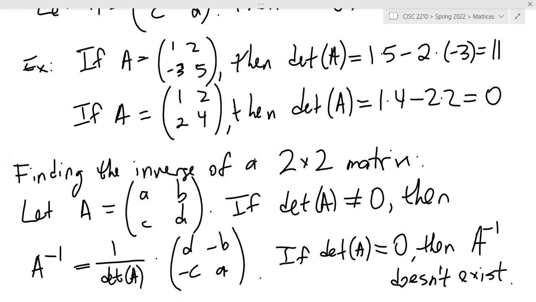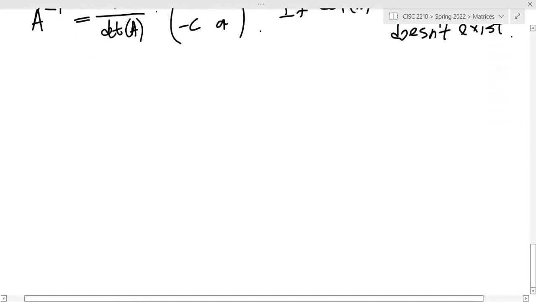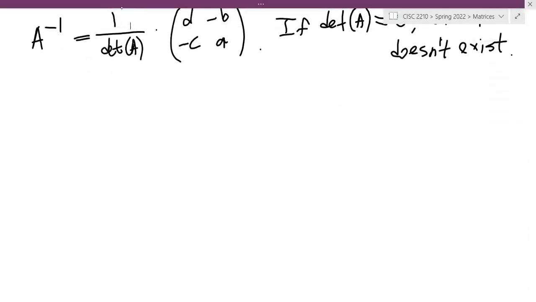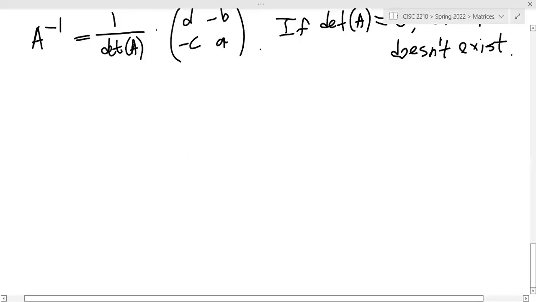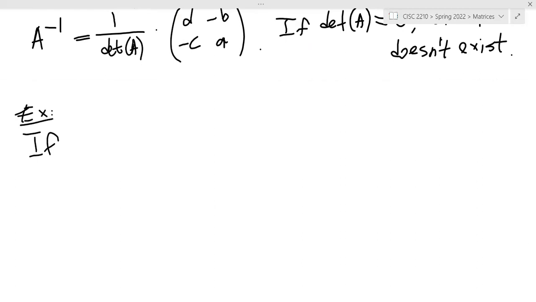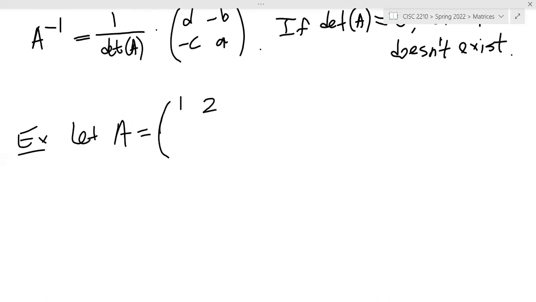Okay, so let's do an example. Let's say we have A as this matrix, 1, 2, -3, 5.